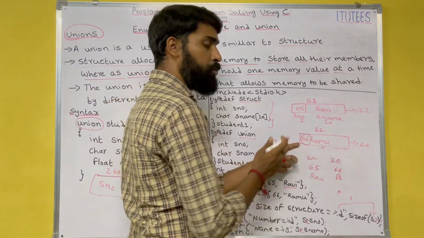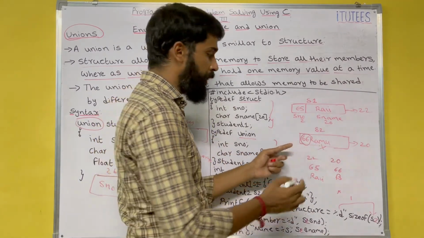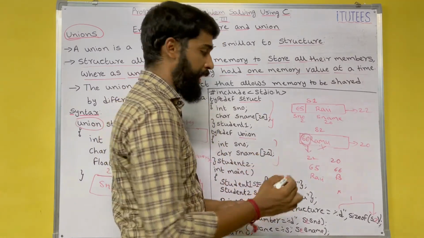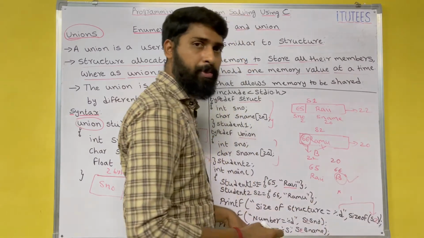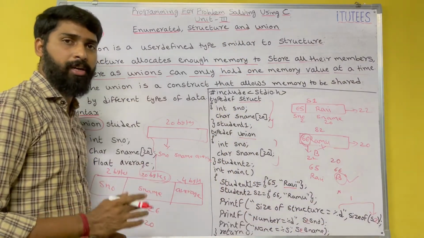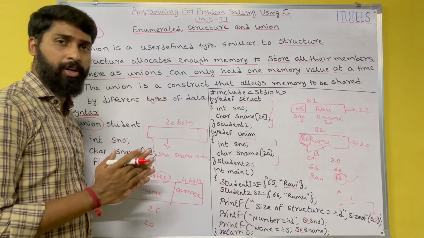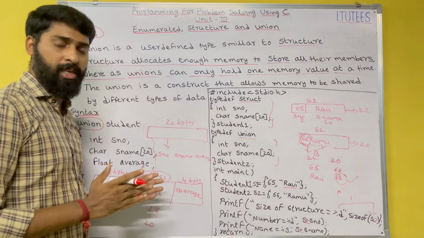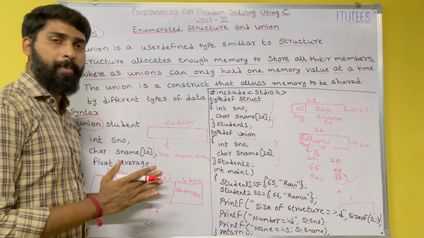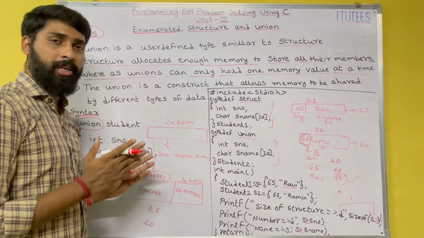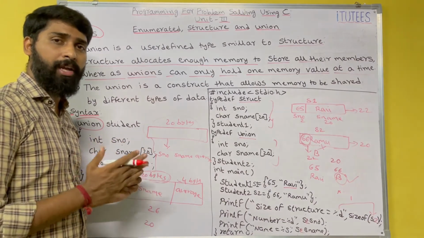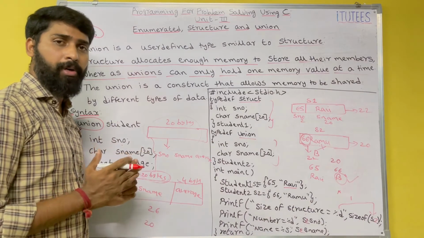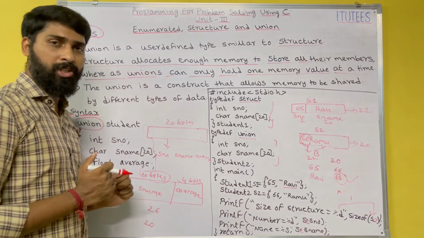Because these two share the common memory, and 66 is the ASCII value of B. So it prints capital B as the output. I hope you all understand the difference between structure and union. Both are the same; the only difference is memory allocation. A structure allocates memory to all the members, but a union allocates a common memory to all the members.